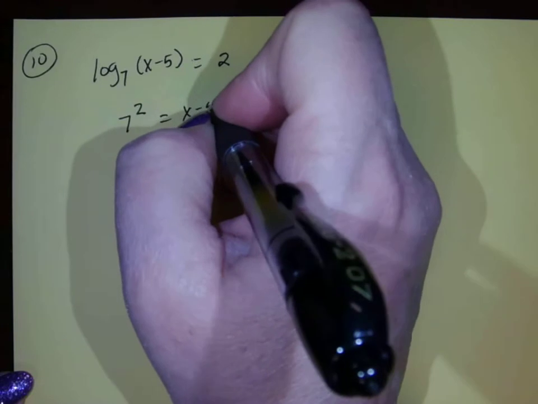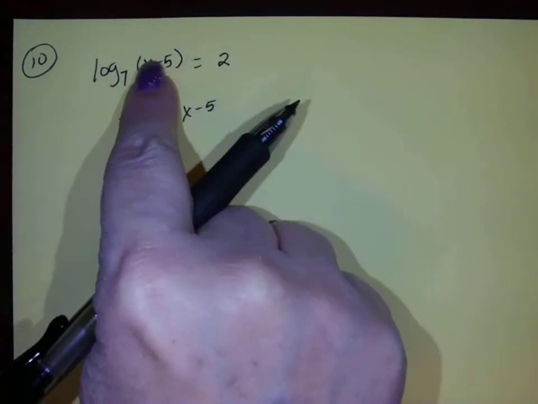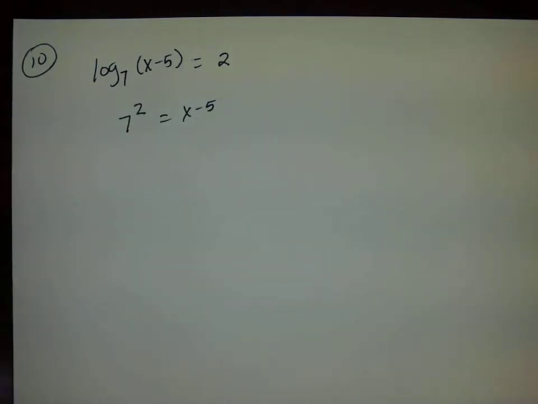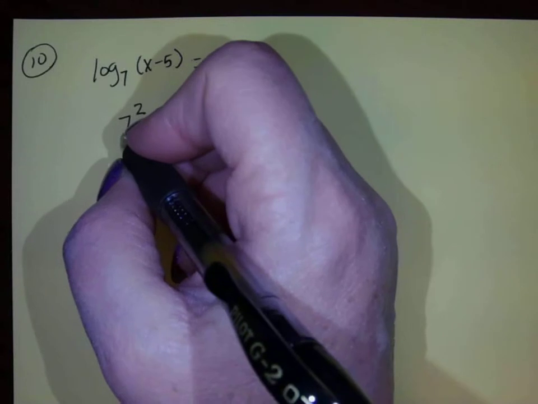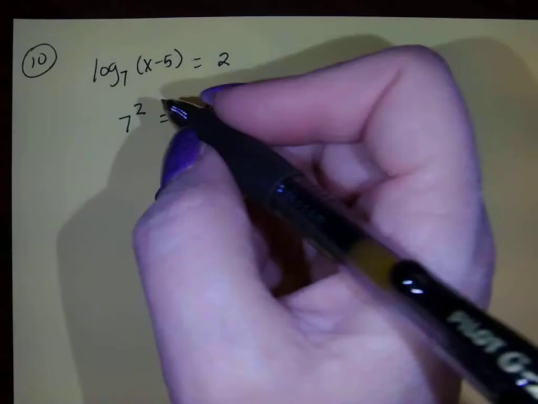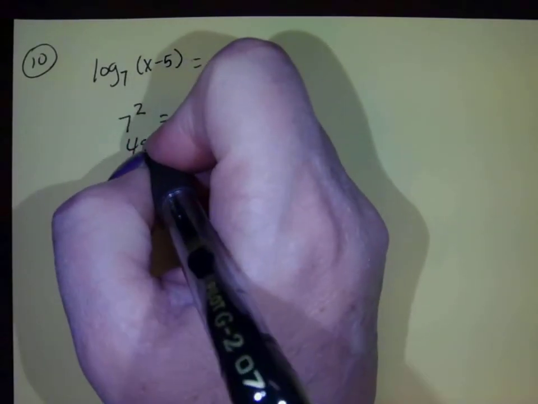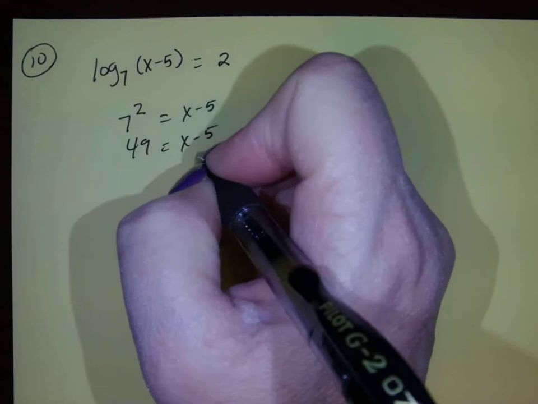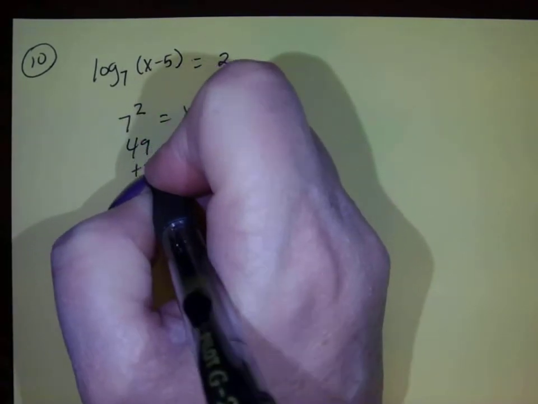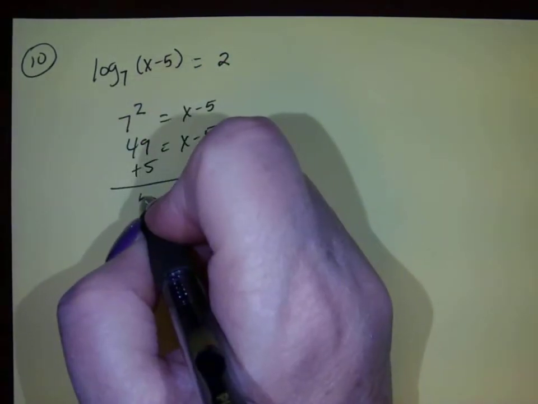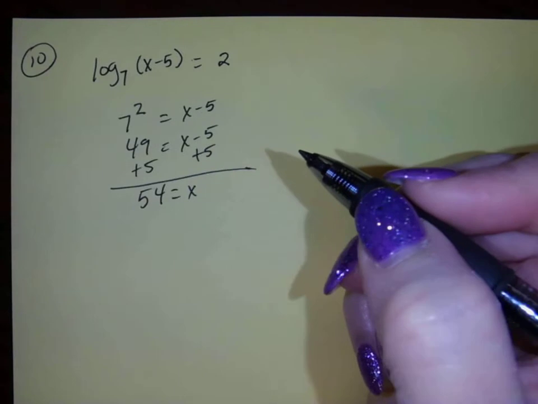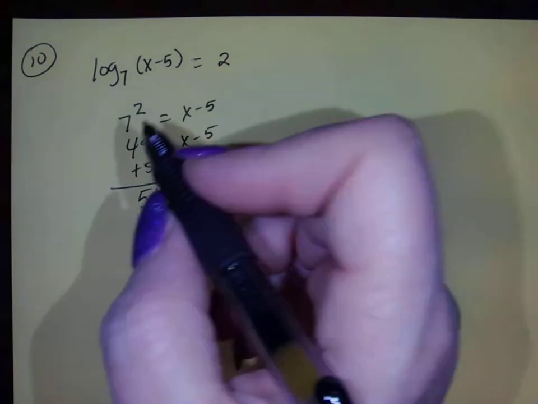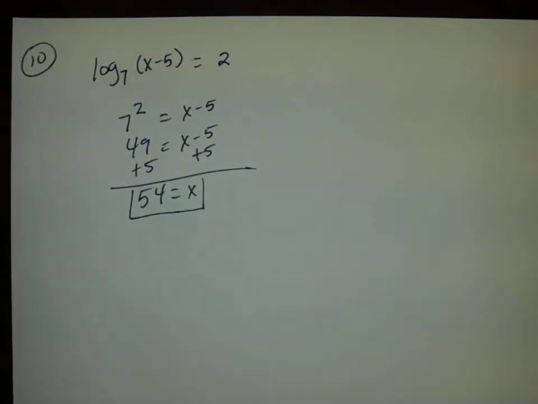So 7 squared equals x minus 5. This is similar to what we did earlier, changing it from a log to an exponential form. 7 squared is 49. Add the 5 over, and we get 54 is equal to x. And that's your answer.